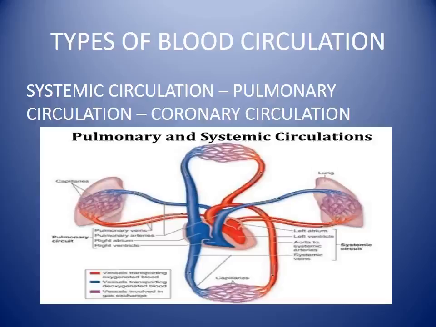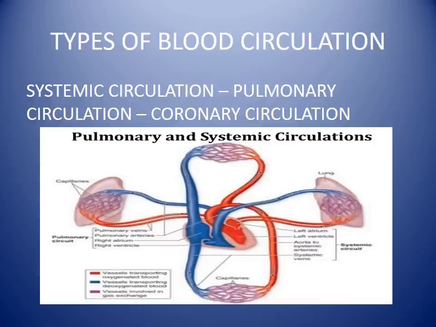First the right ventricle sends deoxygenated blood to the lungs. After oxygenated blood is obtained there, it is given to the atrium. That is the pulmonary circulation completed.